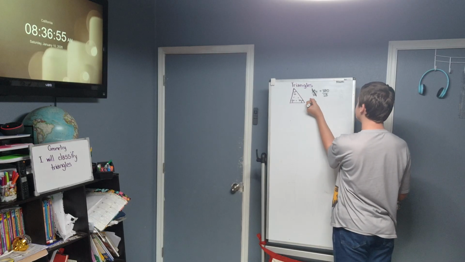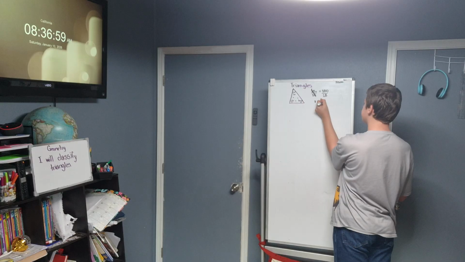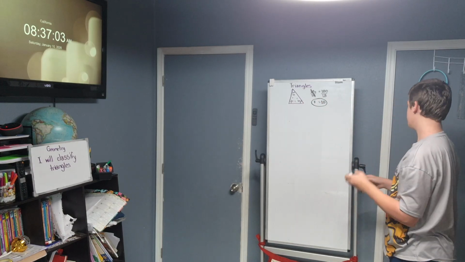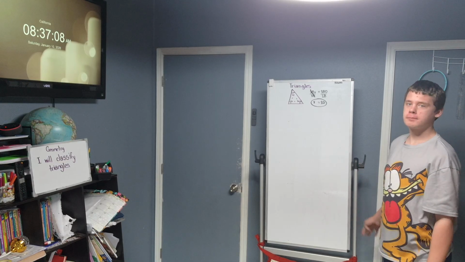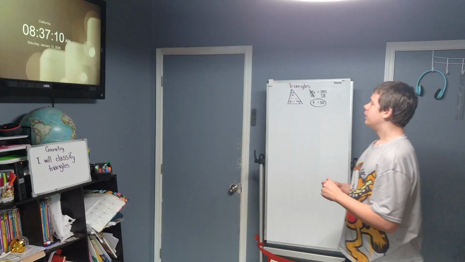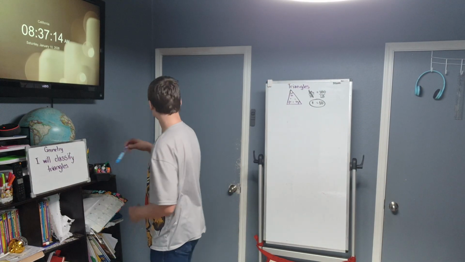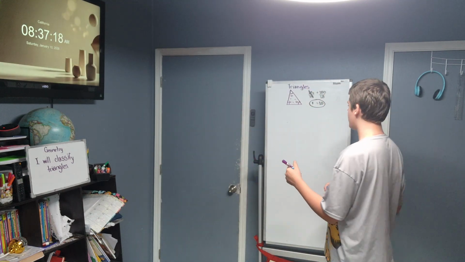So now we have x is equal to 10. So, this is pretty simple when it comes to algebra. Yes, there's algebra and geometry. So we're gonna do a couple of tries.